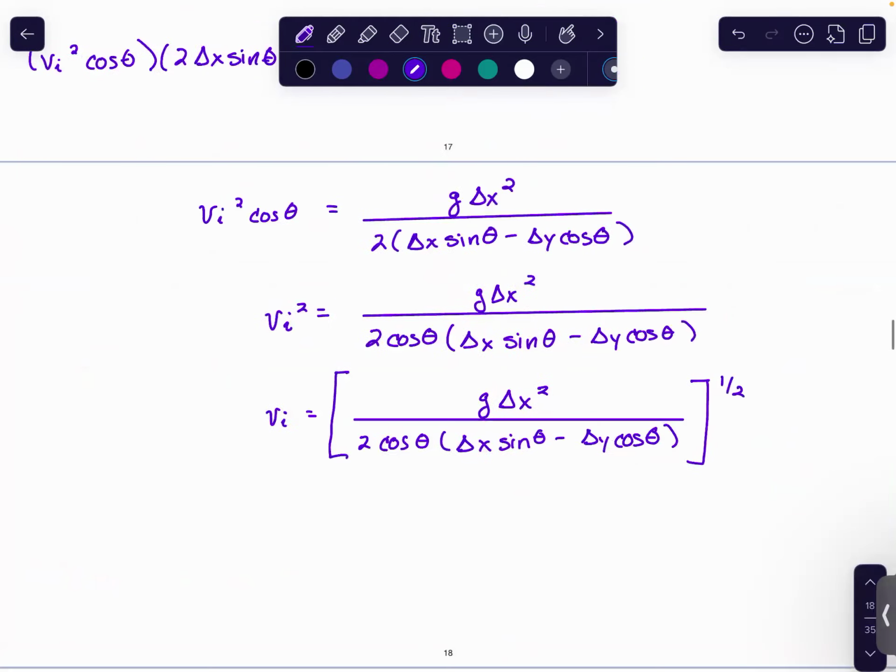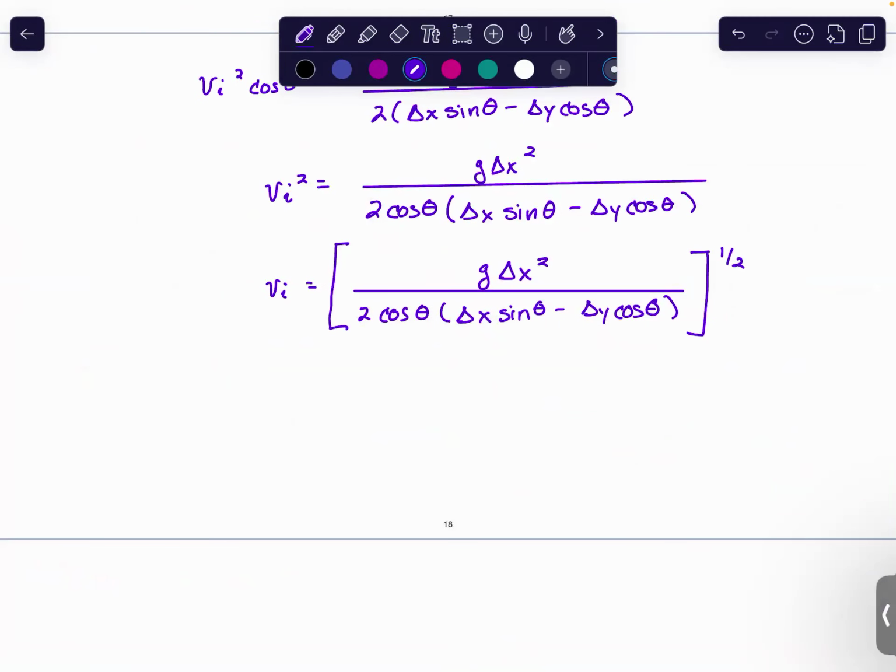Then we're going to plug all those numbers in here, and you're going to play with your calculator. You should get 26.9 meters per second. So of course, gravity is your 9.8.